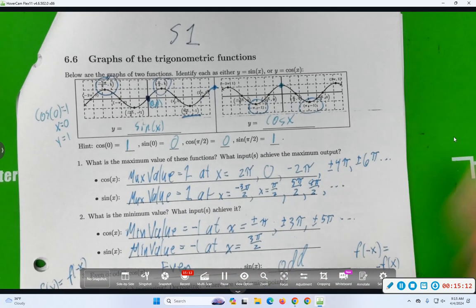How far to the left can I go from the origin and be increasing? 0? You can't. Is it negative pi over 2? Yeah, I get why you're saying what you're saying, because if I go left, the y value is going to go down, but the x value is also going down.